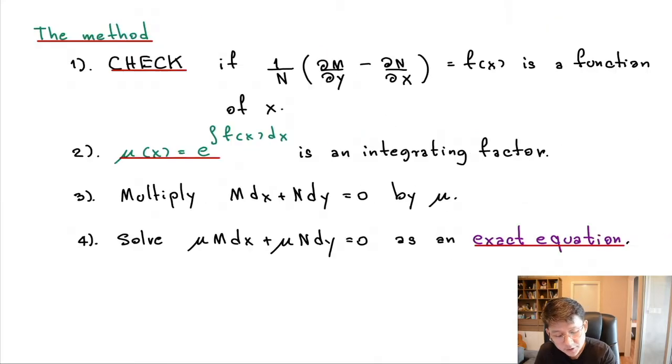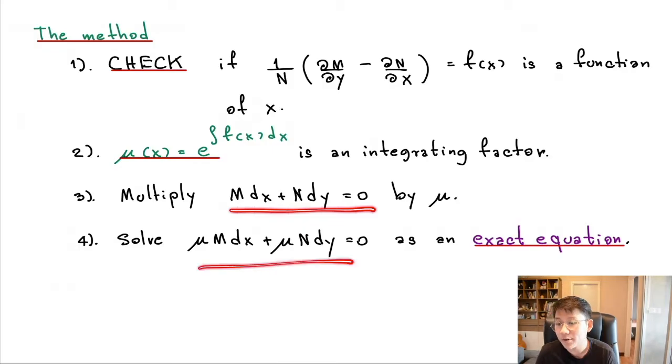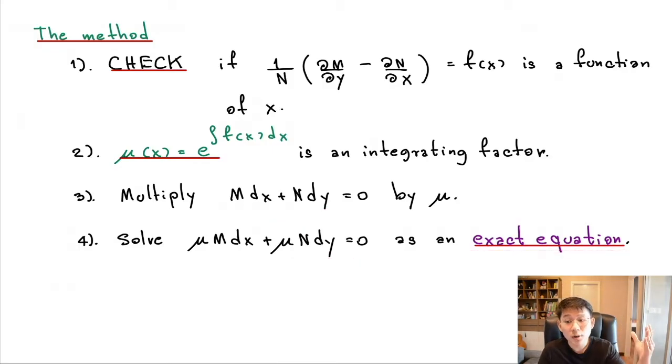Okay, first you check if this is a function of x. If yes, mu is e to the integrate fx dx. Okay, and then you multiply mu to this equation, and this equation becomes an exact equation, and you use what you did in the previous video.